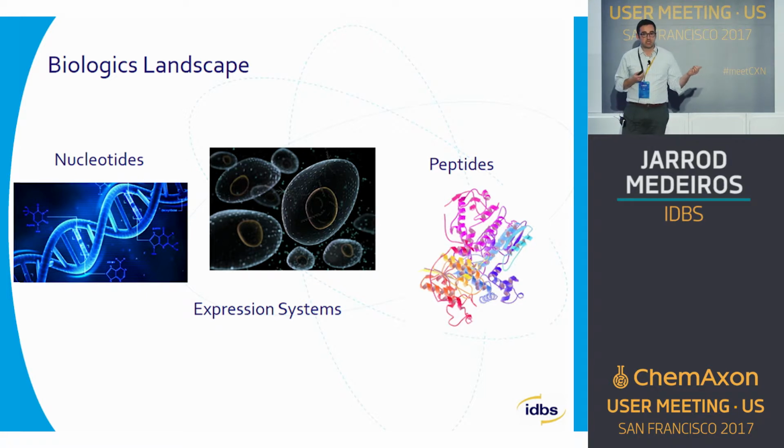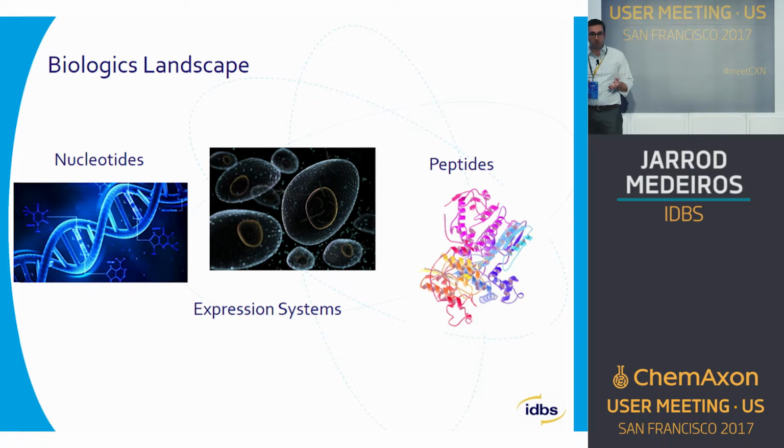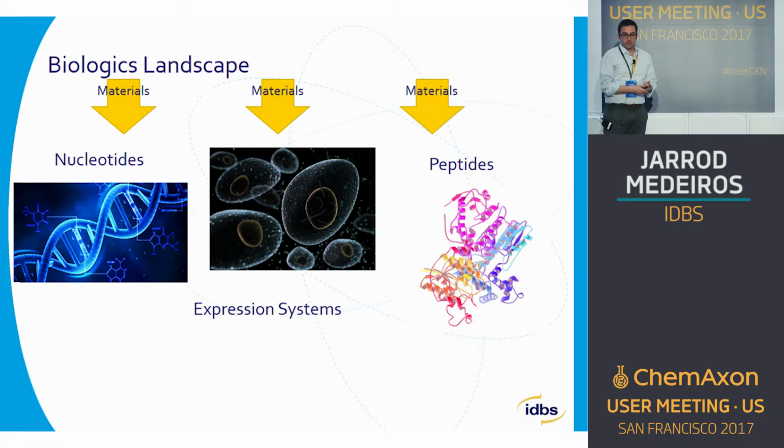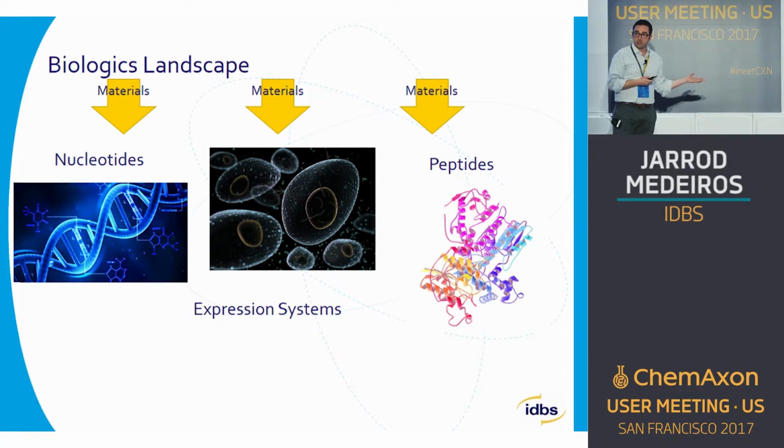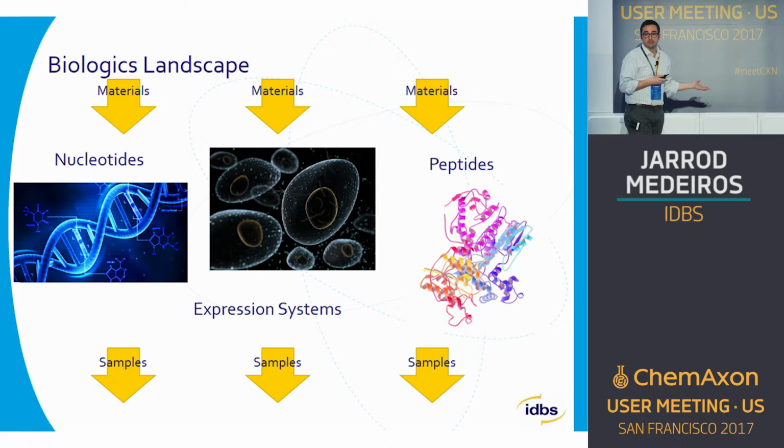I'm lumping those together, but they may be antibody-drug conjugates or any types of products of the biological sequence. With each stage here, there are a lot of things that go into this process as well. The materials that are used at the various steps, as well as the samples that are generated at each of these. This is where we're tying E-WorkBook together with the ChemAxon technology to really provide a tool to cover that full ecosystem.